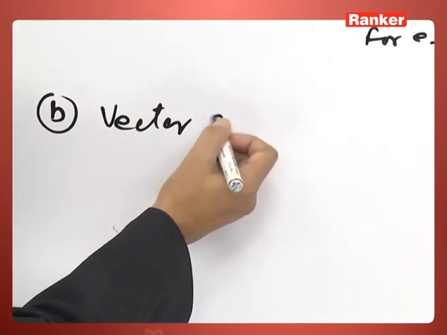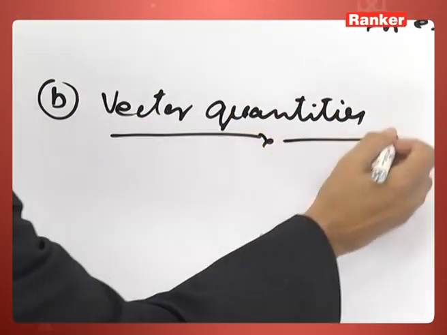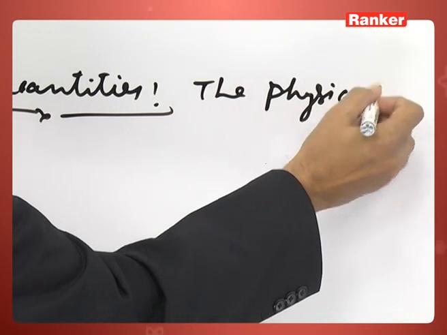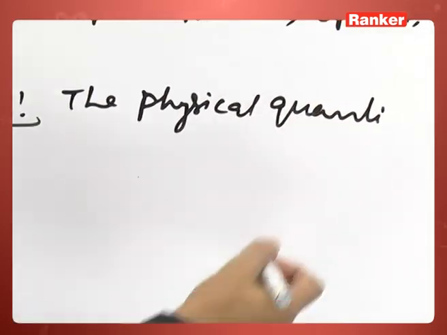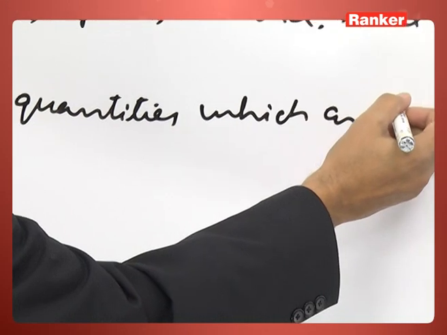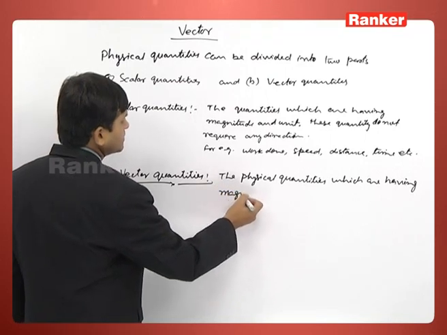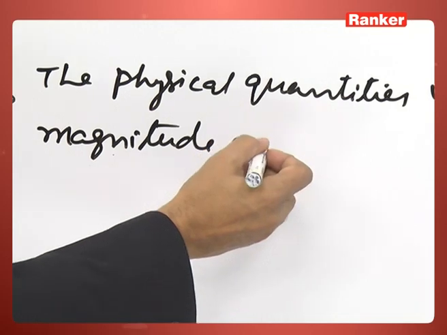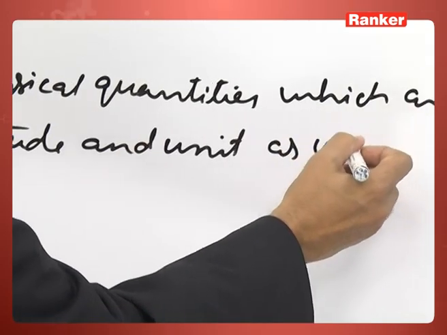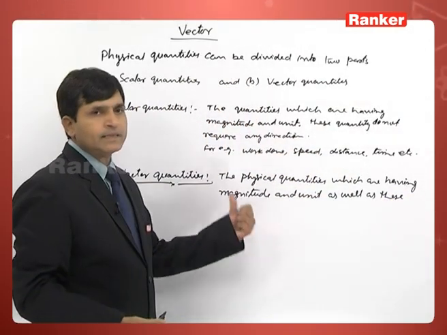First, see the vector quantity definition. Vector quantities are the quantities, or the physical quantities, which have magnitude and unit, as well as these quantities require a direction.